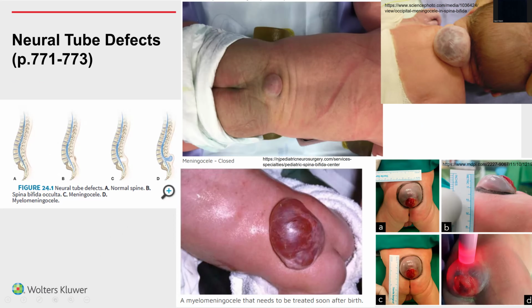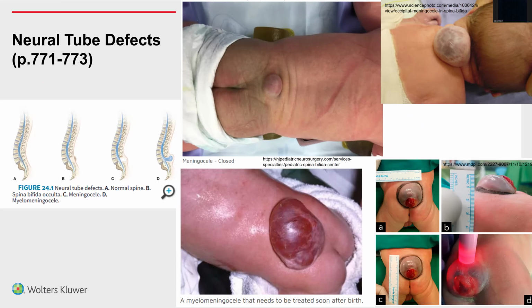So figure 24.1 is your far left picture. This comes straight out of your book. A gives you a good picture of the normal spine. B shows you spina bifida occulta. So you don't really see much.